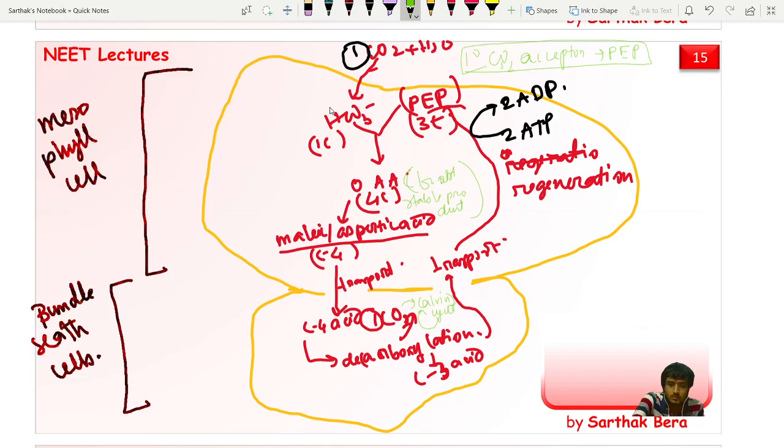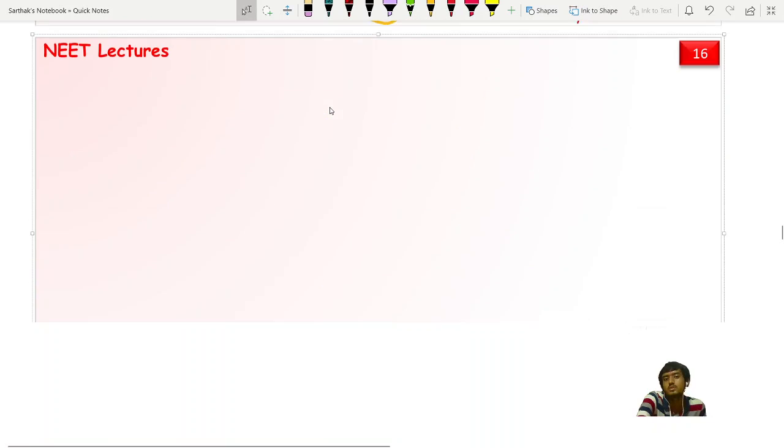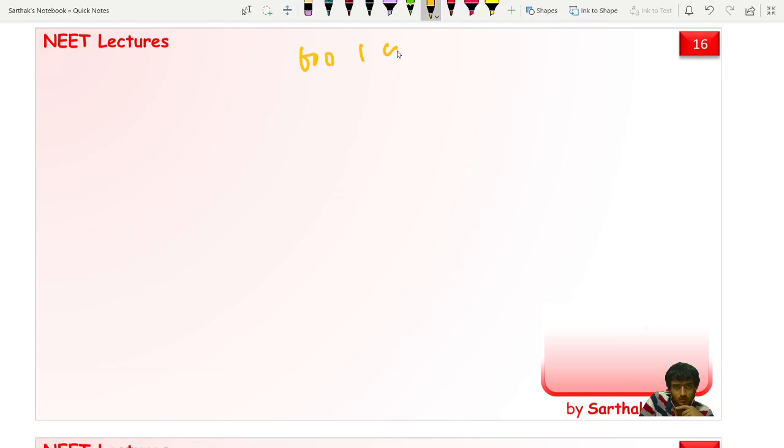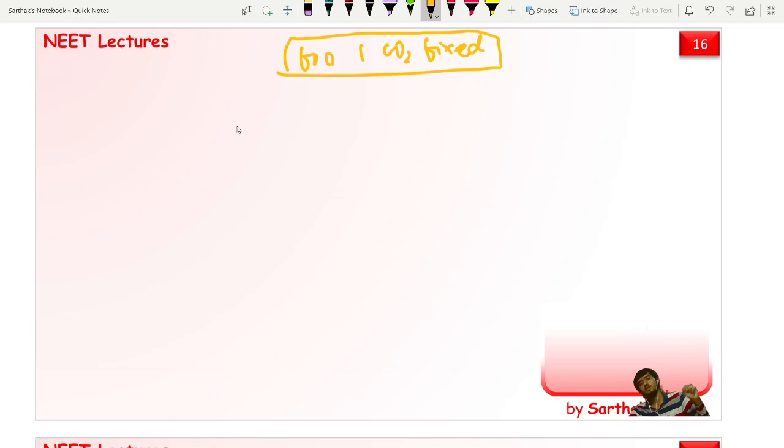So let's come to the ATP calculation in case of C4 plants. So let's calculate for 1 CO2 fixed. Remember in the C4 plant, the C3 cycle is also happening in the bundle sheath cell.